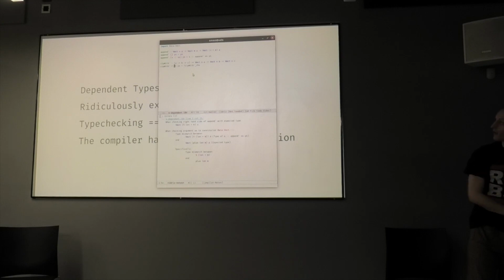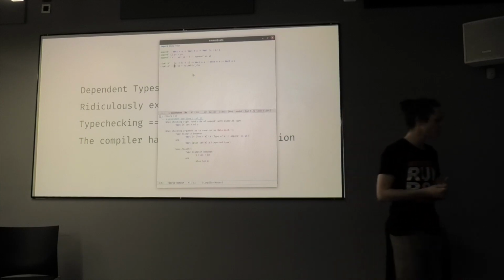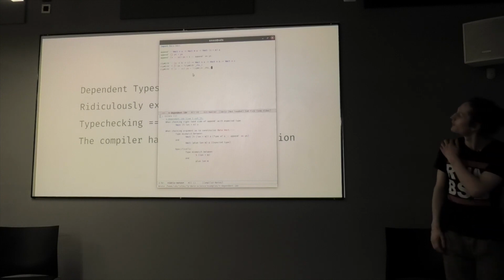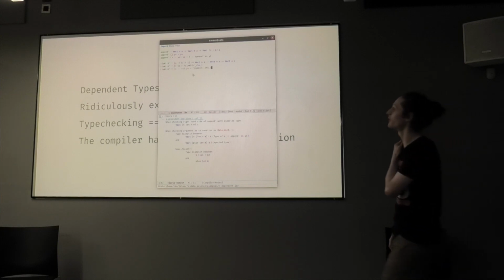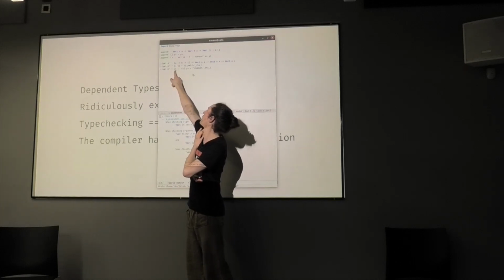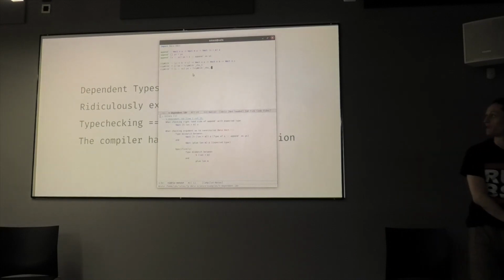Then here I can say, okay, I have this xs thing, but what are the possible cases? I can tell it to split out those cases, and it says either you've got an empty list or you've got something on the front of the list, and it'll just fill that in for me. Then I can do the same here.